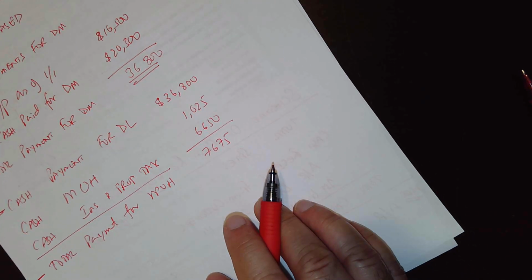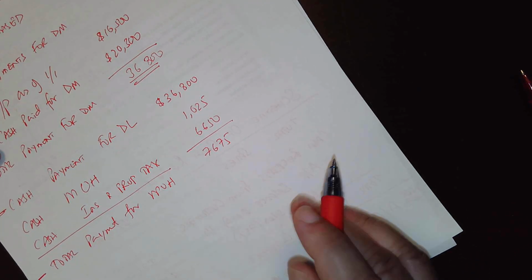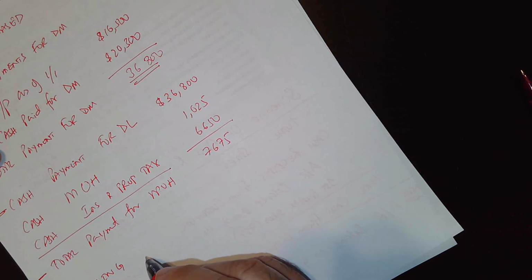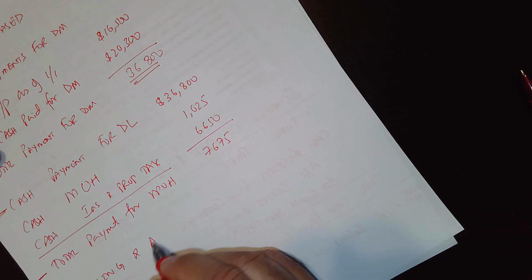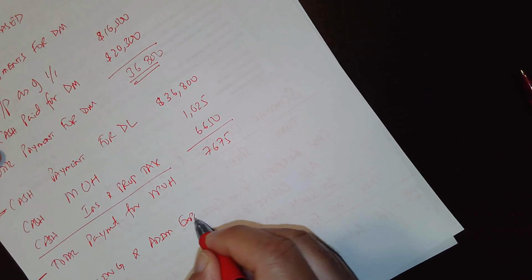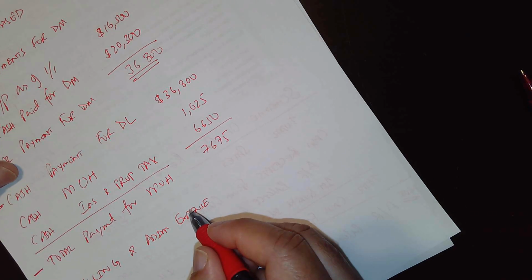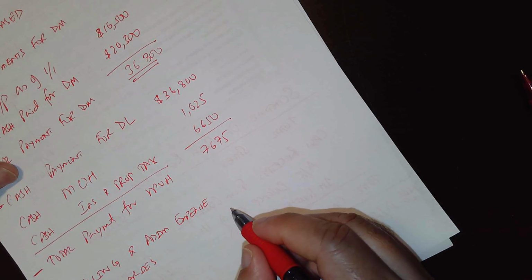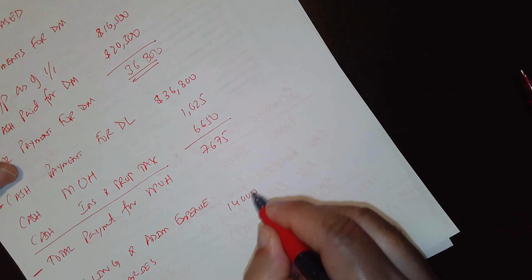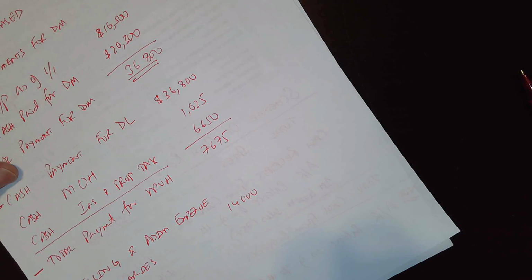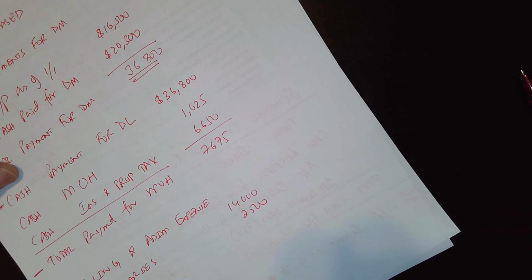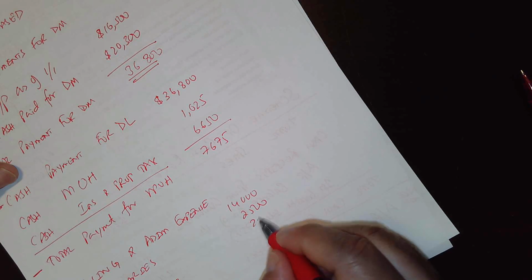Okay, and then we have to calculate the selling and administrative expense. So we have salaries of $14,000. We have rent of $2,500. We have insurance of $2,000.